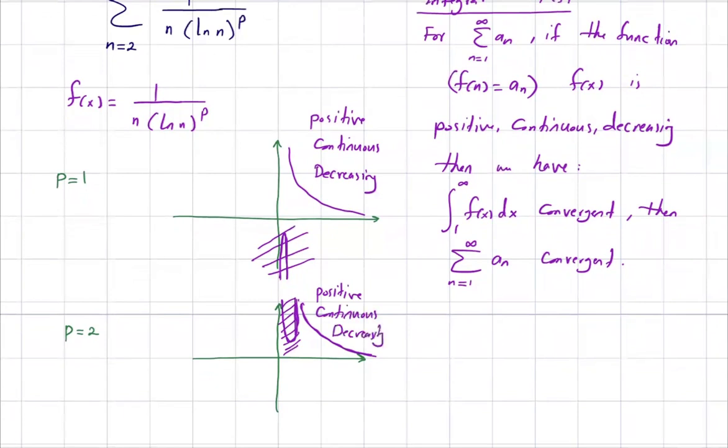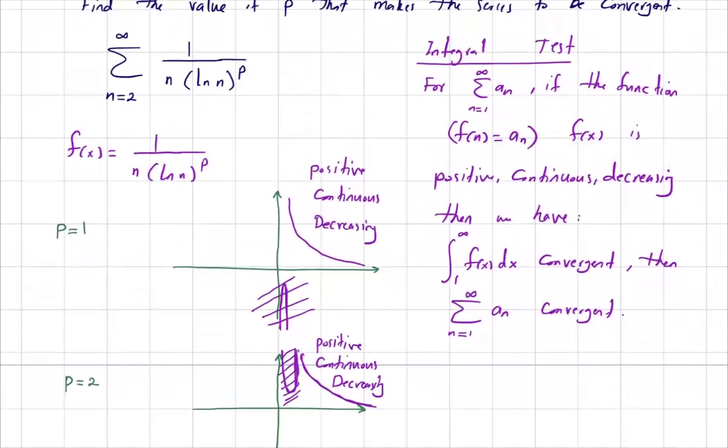So you can continue this process and check the behavior of the function f of x equals 1 divided by n times ln of n to the power p. So it satisfies the integral test. It is positive, it is continuous, and it is decreasing.